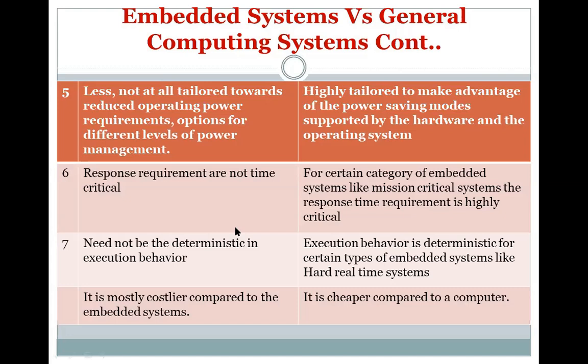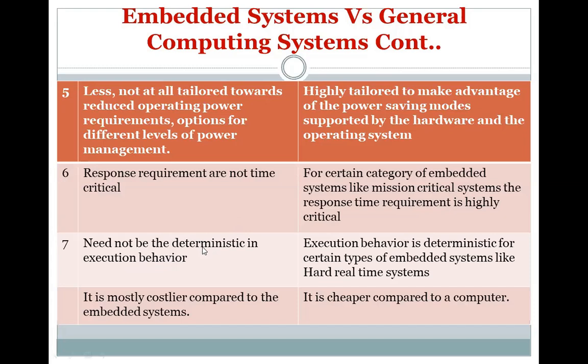Response requirements are not time critical in general purpose systems. For a certain category of embedded systems, like mission critical systems, the response time requirement is highly critical. General purpose systems need not be deterministic in execution behavior.